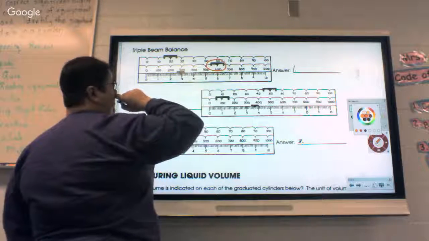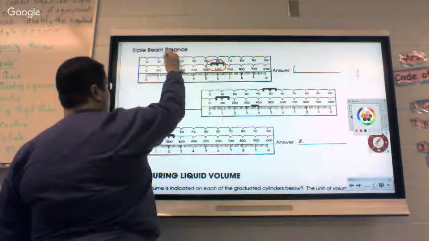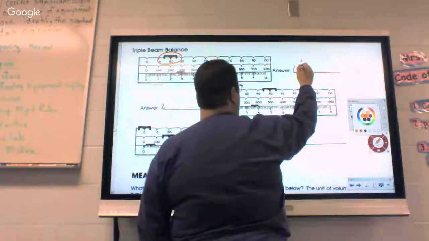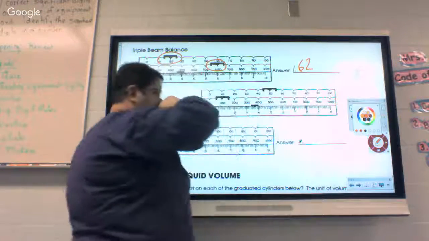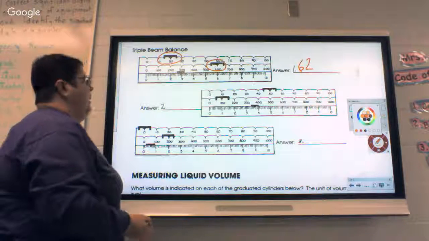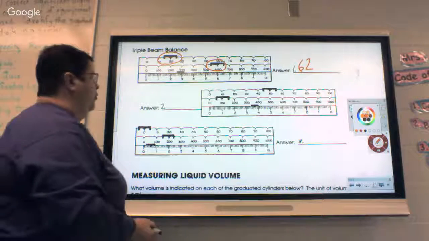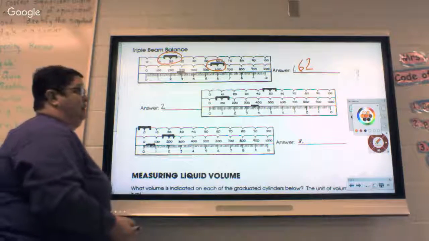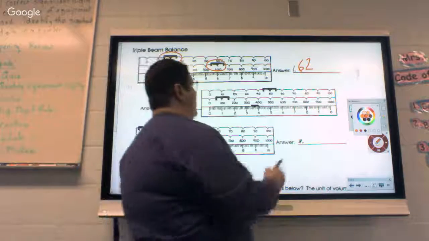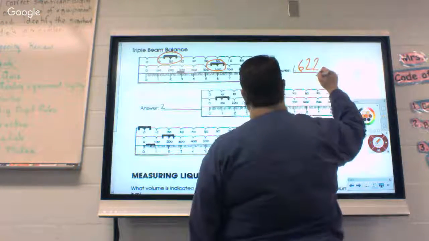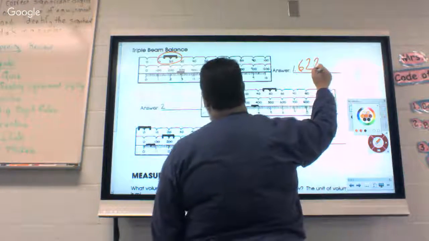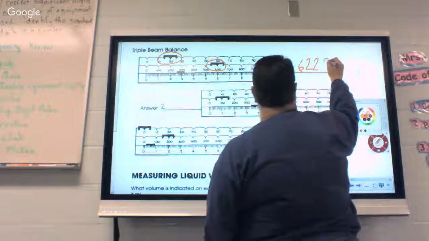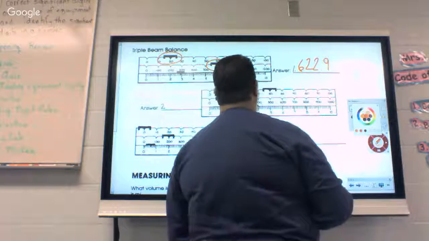All right, what's the top beam illustrating? 20. So 600, 20. And then the bottom one, I give you a lot of leeway here. So what do you think it looks like? 622 point 9.